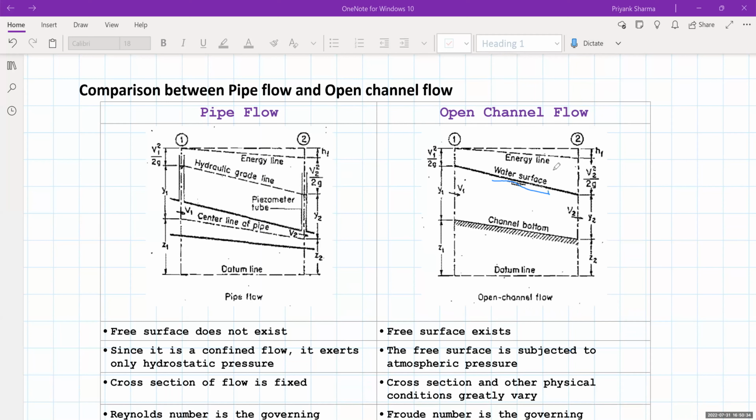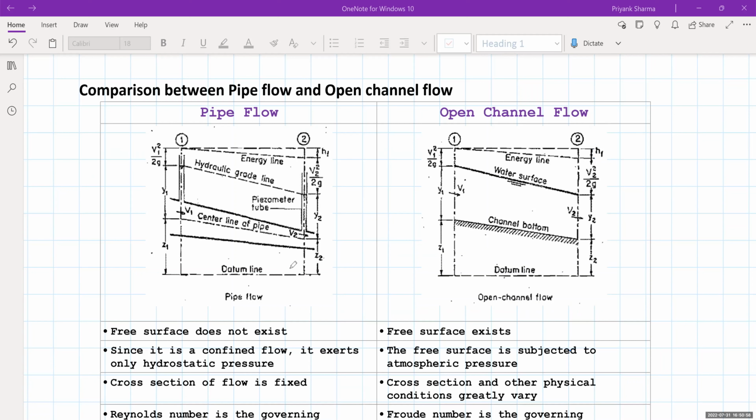Again you can see this is the datum head plus the elevation of the water, or the depth of water, at that particular section. Now again the energy line is the same, where you add the velocity head at the respective location, and during the course of the flow there will be some losses which will be denoted by a head loss. So that is very evident.